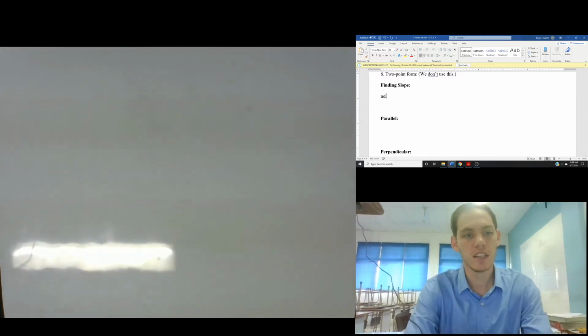Okay. Now, quickly going over lines, there's a few things that we need to use. Finding slope, that's an important equation. We get m equals, and we have two possible formulas.